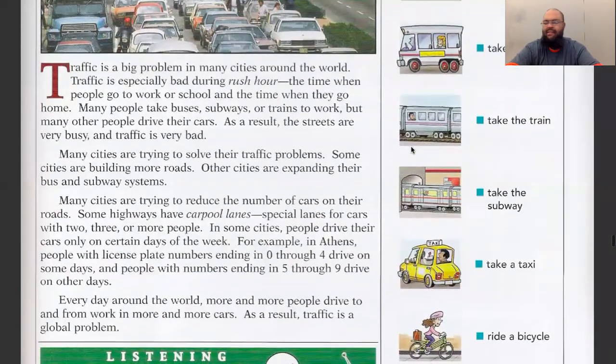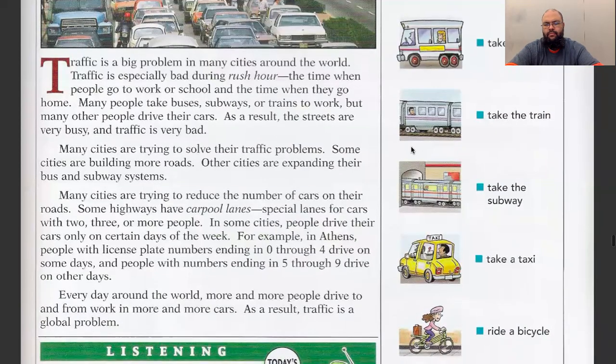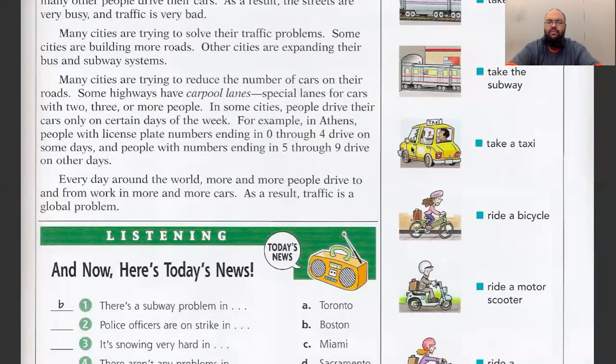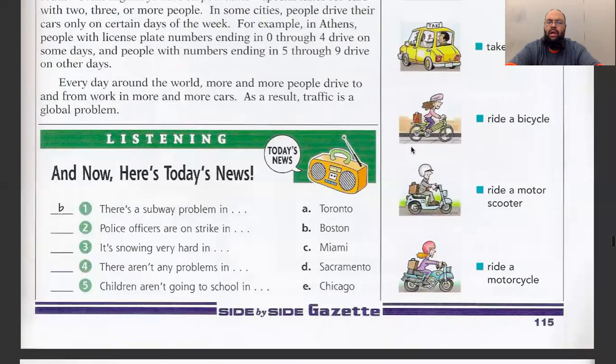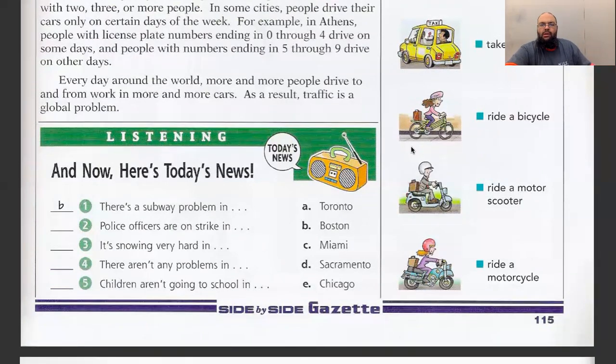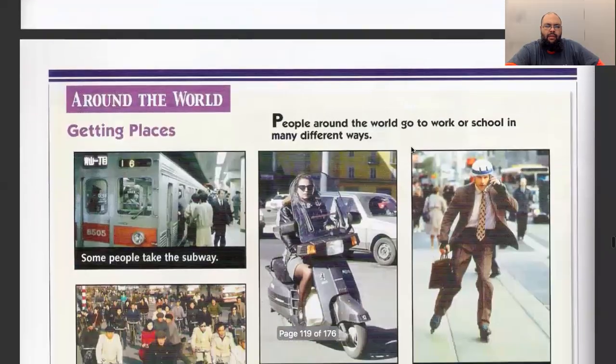I take a taxi. I ride a bicycle. I ride a motor scooter. I ride a motorcycle. Very good. And the last page.